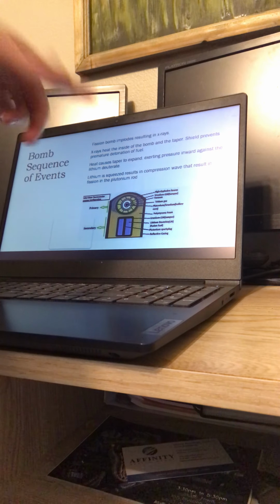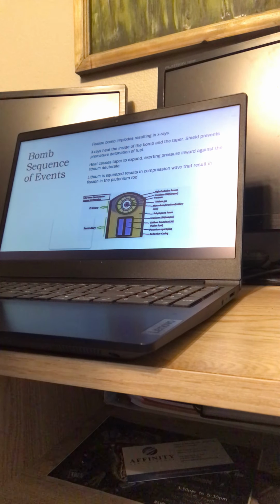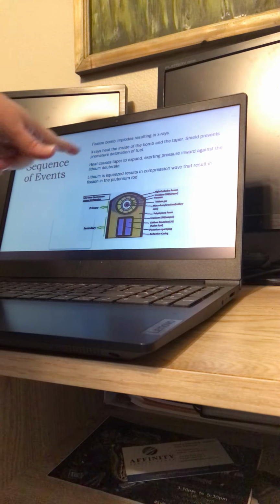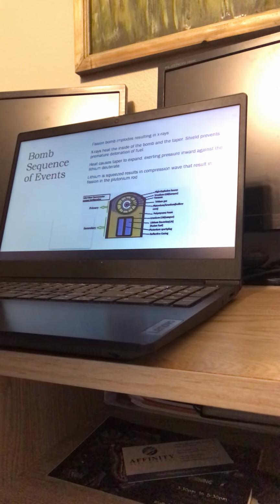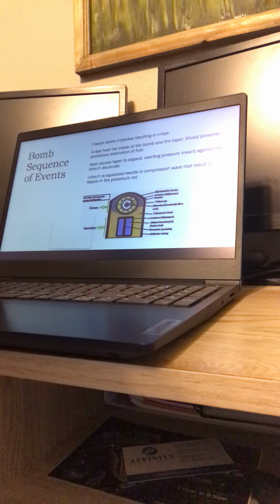The bomb fission implodes, resulting in X-rays. The X-rays heat the inside of the bomb and the tamper. The shield prevents premature detonation of the fuel. The heat causes the tamper to expand, exerting pressure inward against the lithium deuteride, and the lithium is squeezed, resulting in a compression wave that results in fission in the plutonium rod.